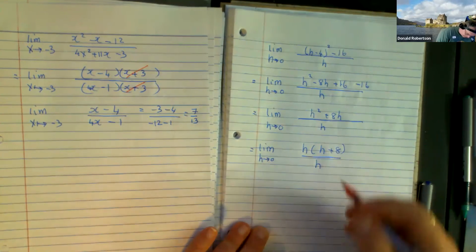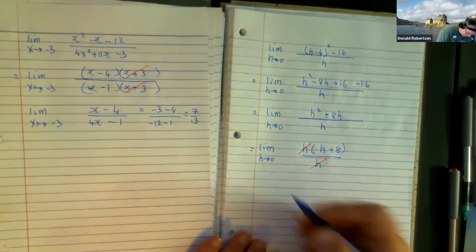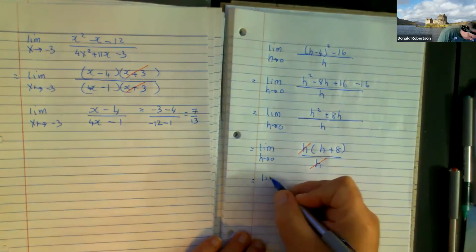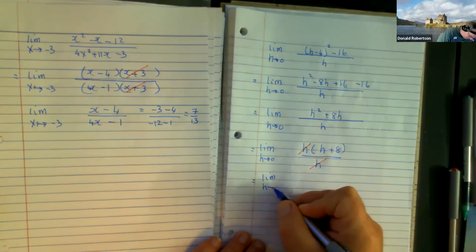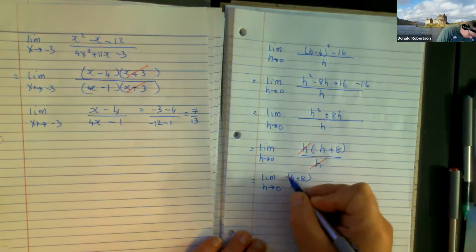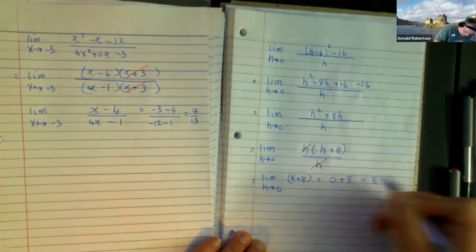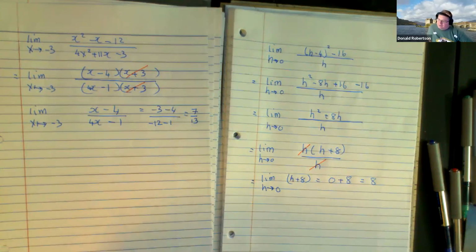That's the factoring done. A 1-for-1 cancel. So we are now going to be doing the limit as h tends to 0 of just that. Plug in 0 for h, and bingo. Cool.